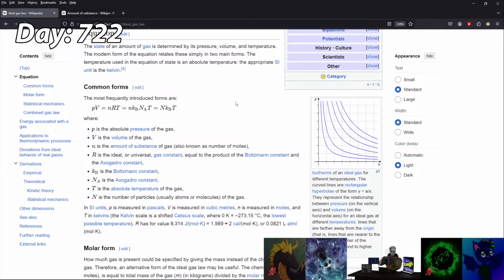Wait, what? Avogadro's number, that's the inverse of a mole, so Avogadro's number times mole is really small. The mole is an inverse of the number of molecules? Wait, hold on.